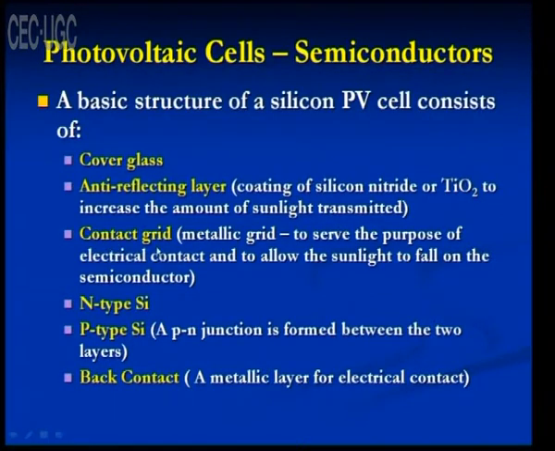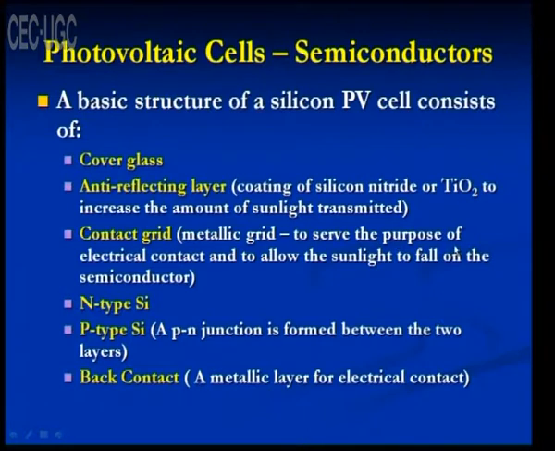Then comes the third layer, the contact grid. This contact grid is essentially a metallic grid because you need to maintain conductivity through a metallic conductor, as the electron flows through the metal conductor. Hence, you need a contact grid here to catch hold of your electrons. This is required to serve the purpose of electrical contact and to allow the sunlight to fall on the semiconductor.